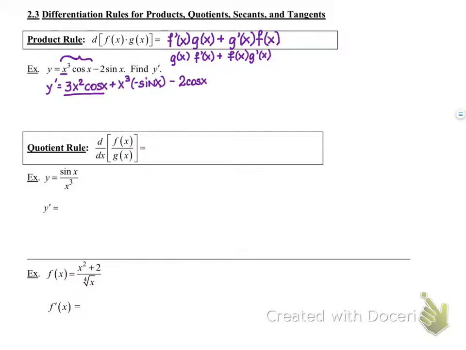Then I brought down the regular of the first part and the derivative of the second part. You do need to know the derivative of cosine by heart, and you do need to know the derivative of sine by heart. That will be added to your drill quizzes at the beginning of the second 6 weeks.